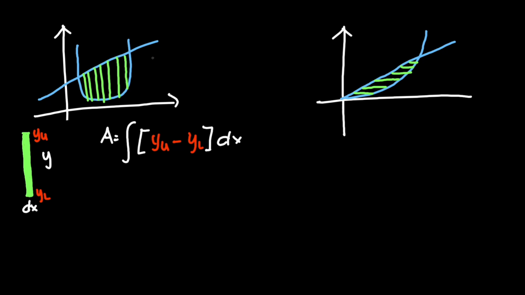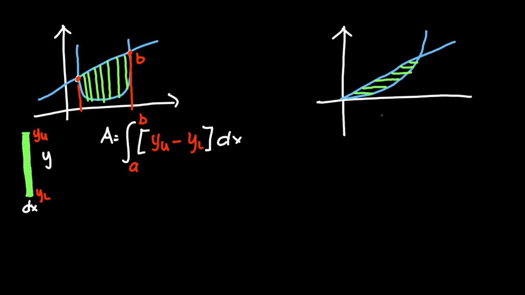Since you are using a vertical element right here, you will move from left to right, but you must know that is based on the x-axis. So something like this. Let us call this B, and let us call this point A. So this is the first formula for when you're using a vertical element.